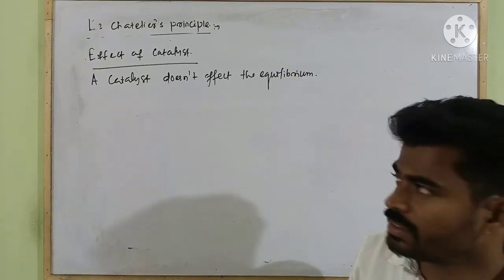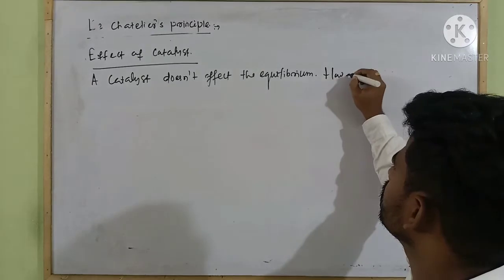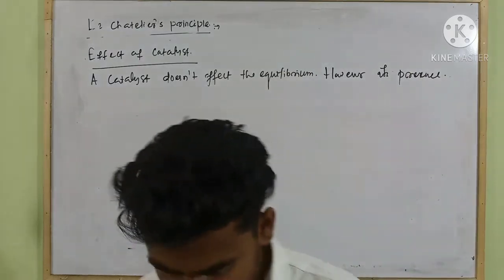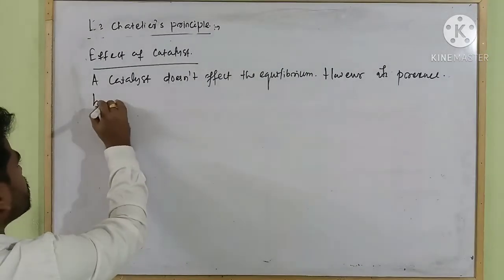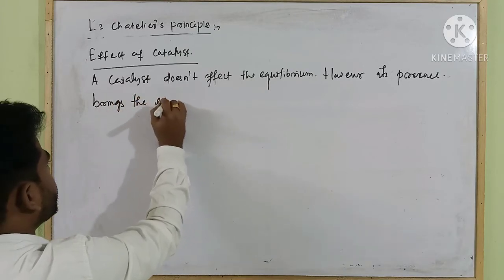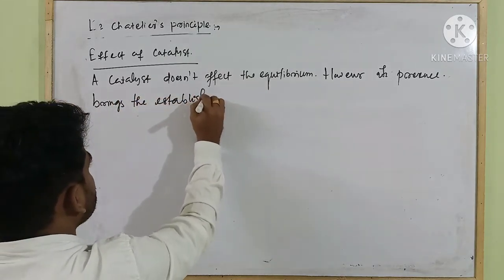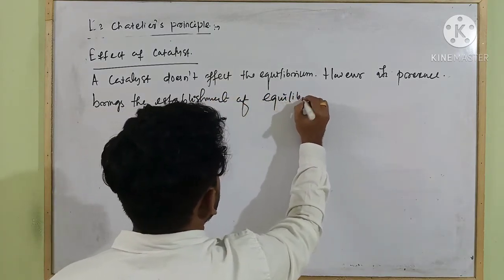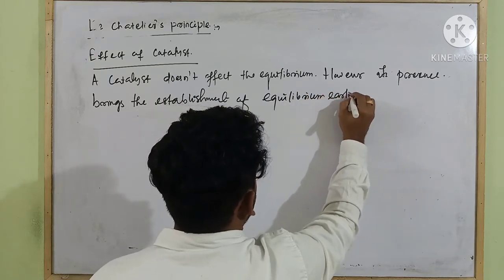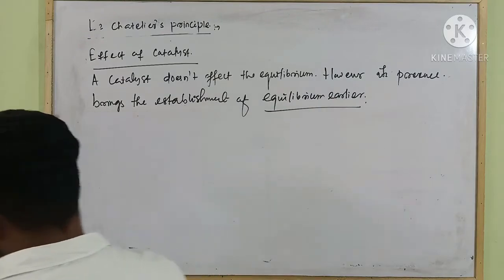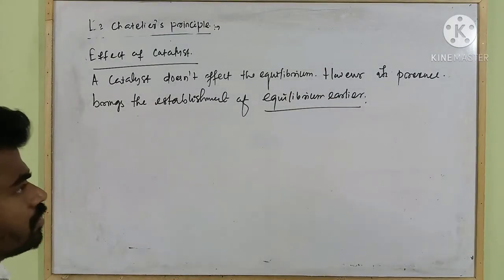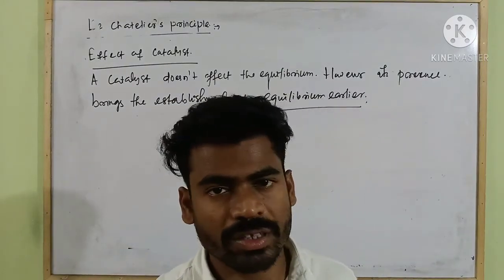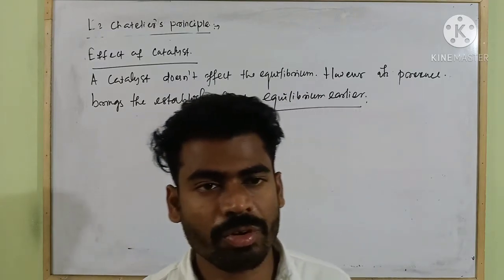However, its presence brings the establishment of equilibrium earlier. Because the presence of a positive catalyst increases the rate of the forward reaction as well as the backward reaction. As a result, the establishment of equilibrium will be faster.